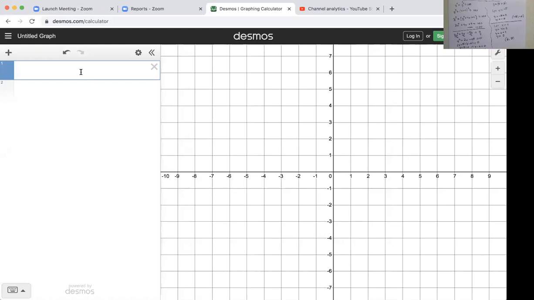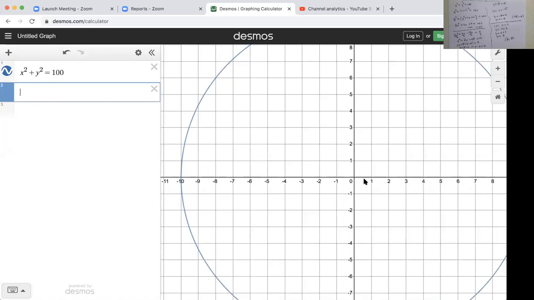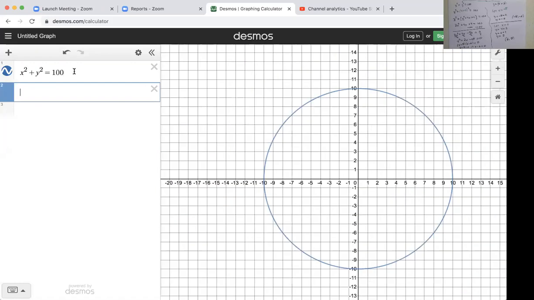I've got one of them is x squared plus y squared is 100, and the other one is y equals x plus 2. And it looks like this is kind of big. We'll squeeze it down a little bit.